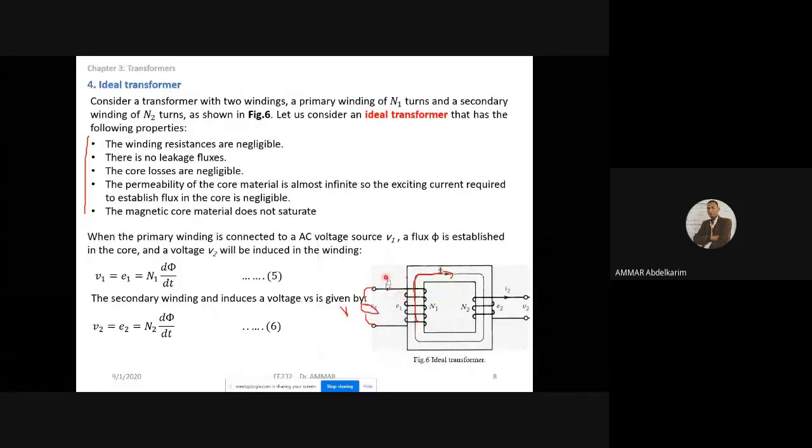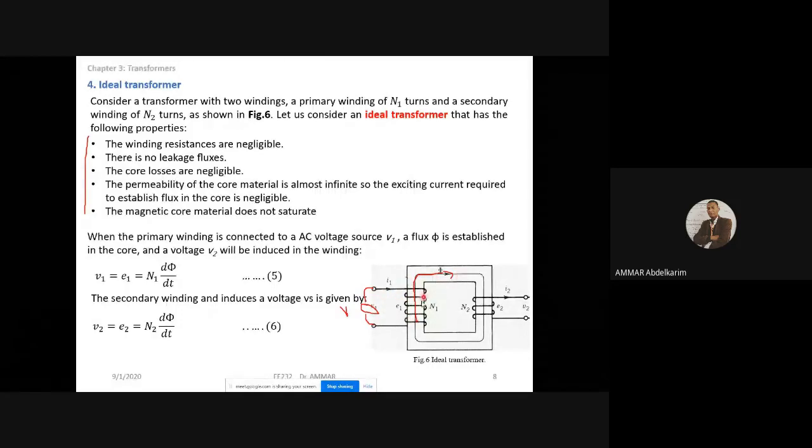The primary and the secondary are not connected physically. There is no wire between the primary and the secondary. That's why we use transformers for isolation. They are isolated. Only the flux is transferred from the primary to the secondary. The voltage of the source creates flux here. Of course, in the ideal transformer, we neglect the leakage flux.